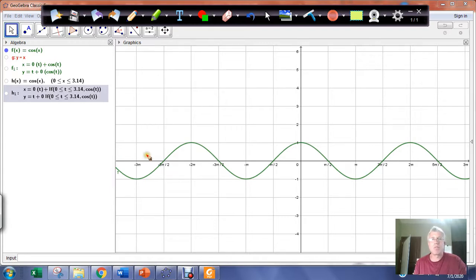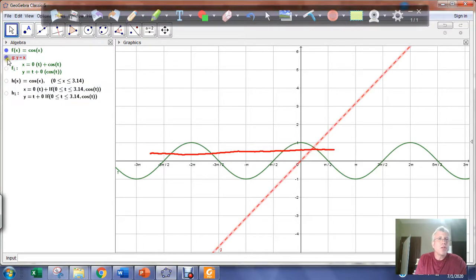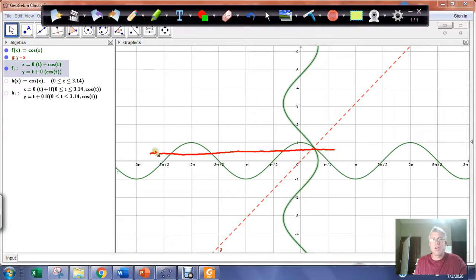We can tell it's not one-to-one because it doesn't pass the horizontal line test. And like the sine function, if we try to reflect the cosine function in the line y equal x, which is how you get the graph of an inverse function, we discover that because the cosine function doesn't pass the horizontal line test, its reflection doesn't pass the vertical line test, and therefore its reflection in the line y equal x is not a function.